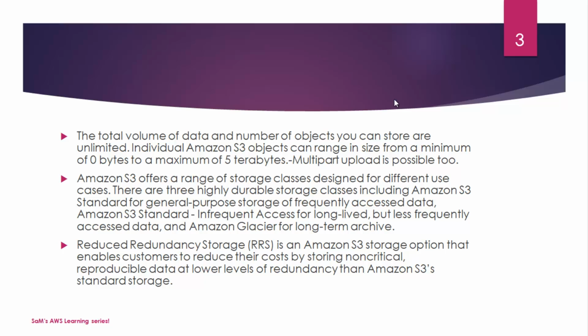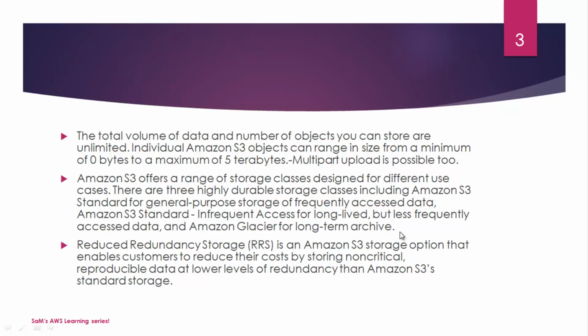And we were talking about storage classes. So there is this classification under S3 for different use cases. There are different storage classes. There are 3 highly durable storage classes, including Amazon S3 Standard for general purpose storage of frequently accessed data, Amazon S3 Standard Infrequent Access for long lived but less frequently accessed data, and finally Amazon Glacier for long term archival.